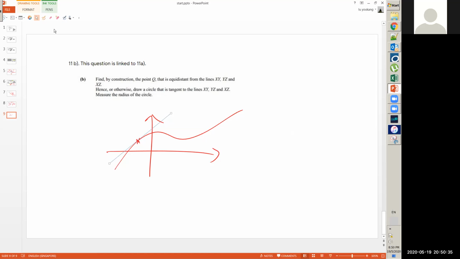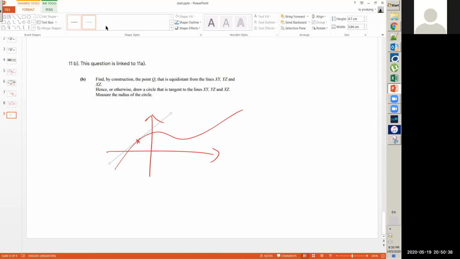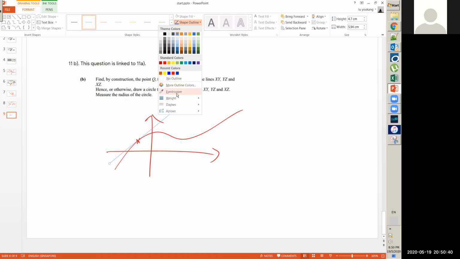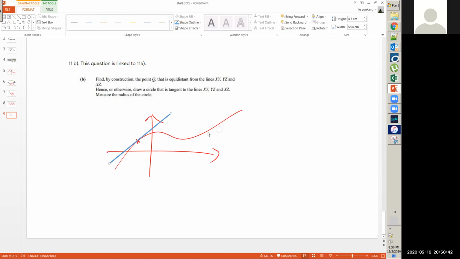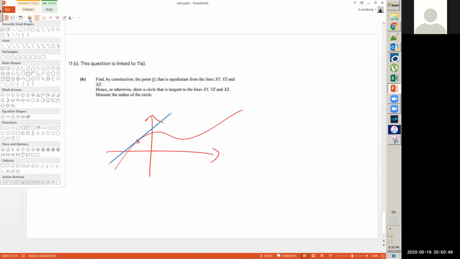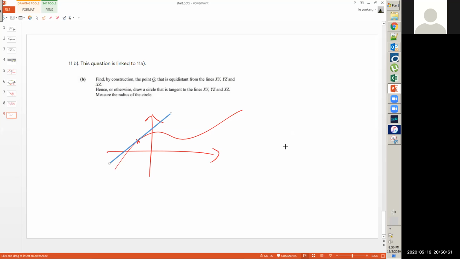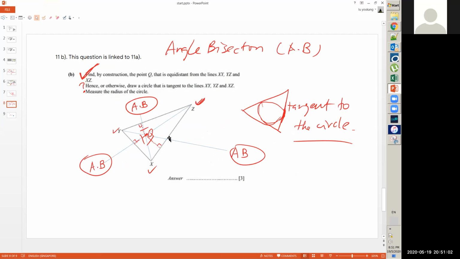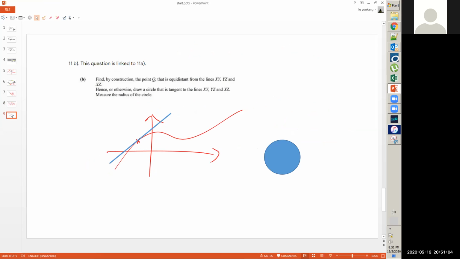Okay, so with this understanding, now the curve is not a curve, it's a circle. So let's say I have a circle. If I were to put this circle inside this XYZ, I may use another slide.